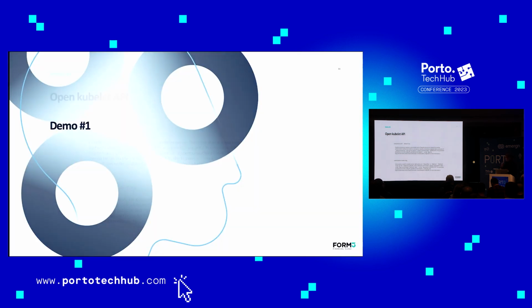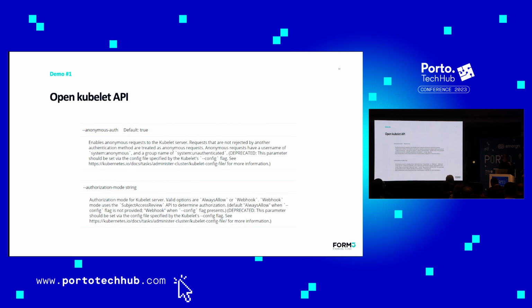If we take a look at the Kubernetes documentation, we see that those are the defaults: anonymous auth defaults to true, and authorization mode is AlwaysAllow. So basically those two settings allow for full access to the Kubernetes API.